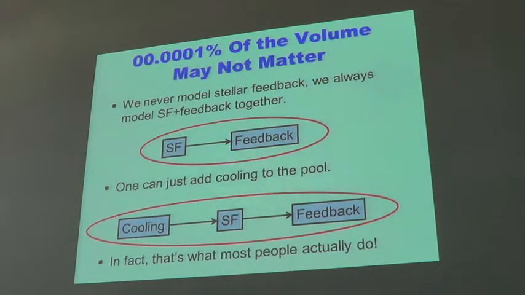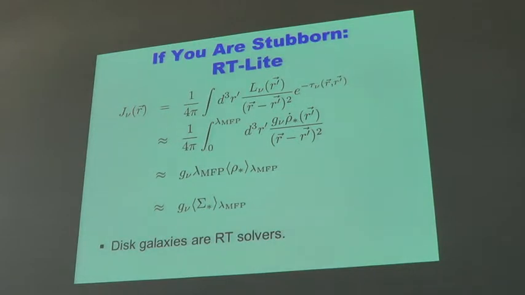So if this one is off, you can always compensate by putting knobs and tweaks in other boxes. So in some sense, that's what we are modeling, and maybe we don't need to account for the radiation field in this case. But if you're really stubborn, and you really want to account for the radiation field somehow, you just want to boast, I am accounting for the radiation field.